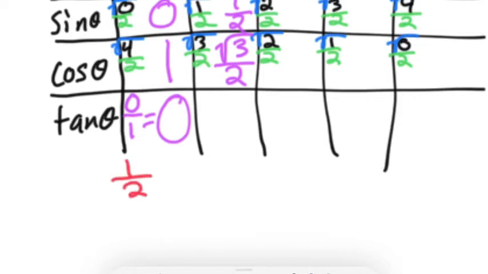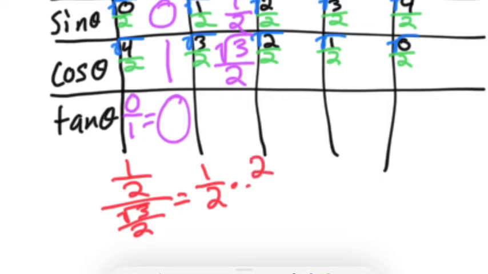You have 1/2 divided by the square root of 3 over 2. So this changes to 1 over 2 times 2 over the square root of 3. So keep, change. Multiplying straight across, you have 2 divided by 2 times the square root of 3. 2's cancel out.